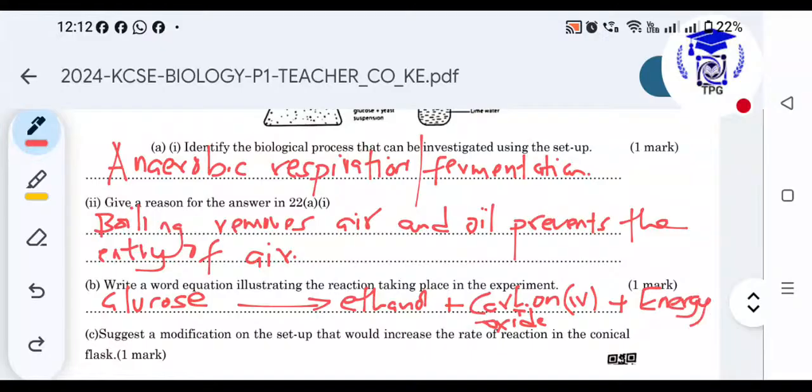So that is the equation of anaerobic respiration in plants. Glucose, ethanol plus carbon dioxide plus energy.